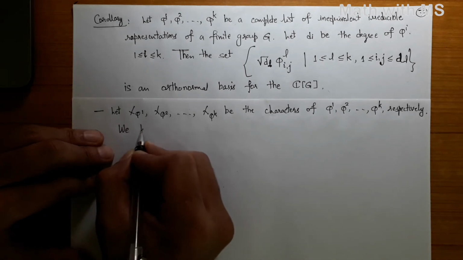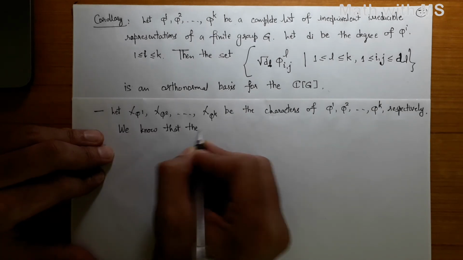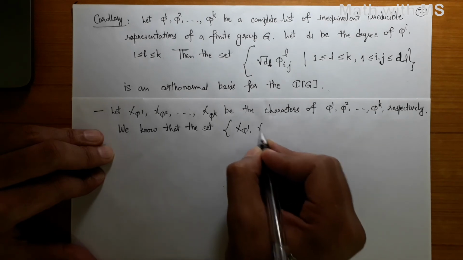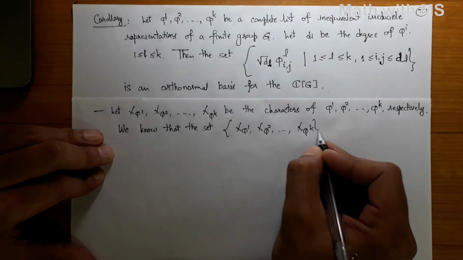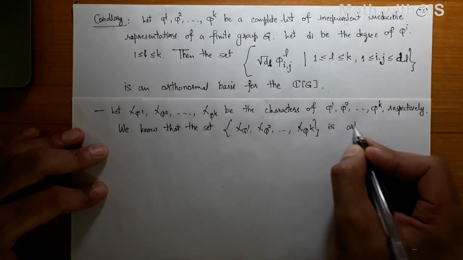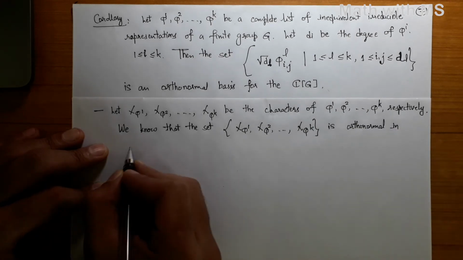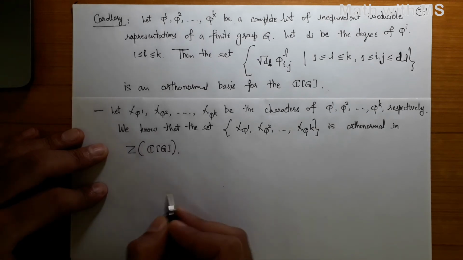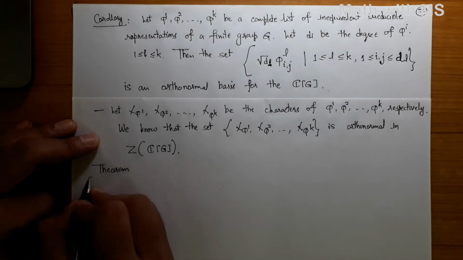So we know that the set chi of phi1, chi of phi2, so on, chi of phi k is orthonormal in the center of the group algebra CG. And the next theorem says that it is in fact a basis.